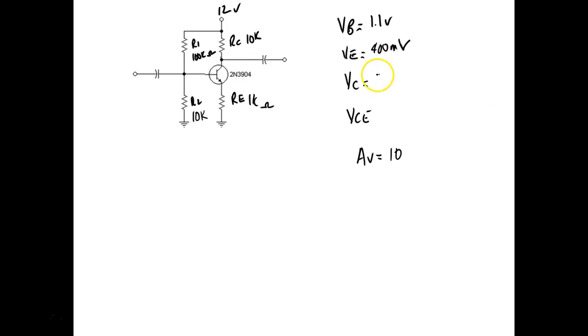Eight volts. So voltage collector to emitter. And the gain is going to be about 10. So this guy here is operating toward cutoff. So that means if we raise the input signal, it'll clip on the top before it clips on the bottom.